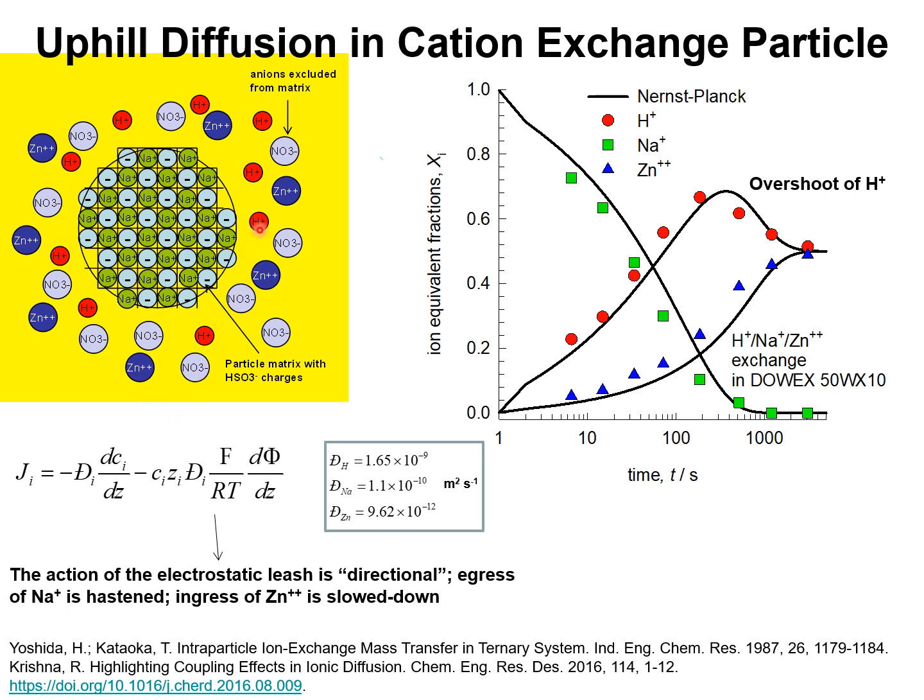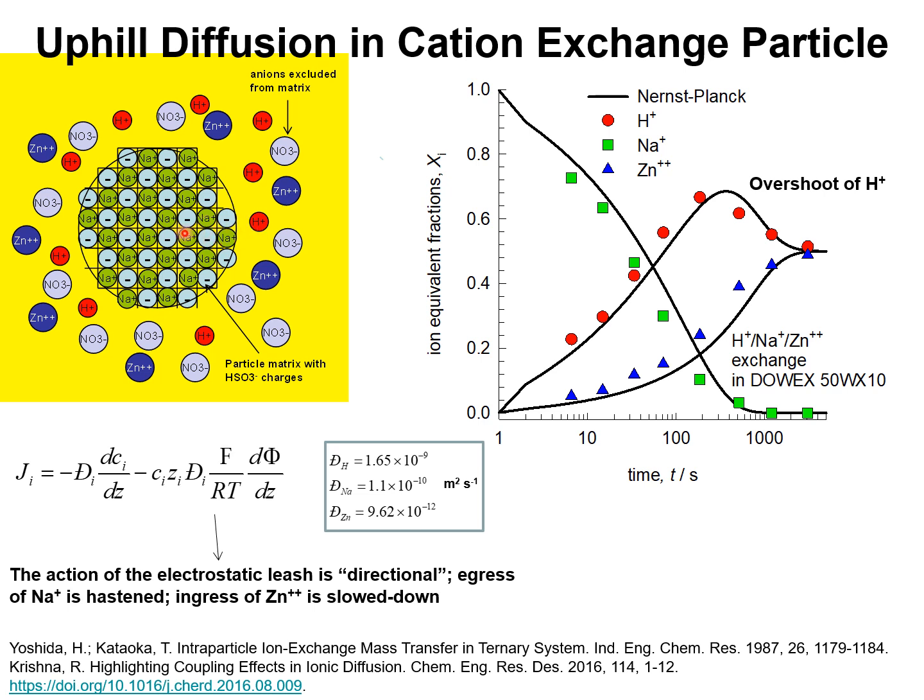Consequently, the ingress of H+ into the particle occurs at a faster rate than the ingress of the zinc cations and the egress of the sodium cations.